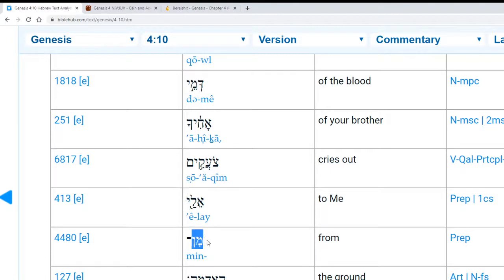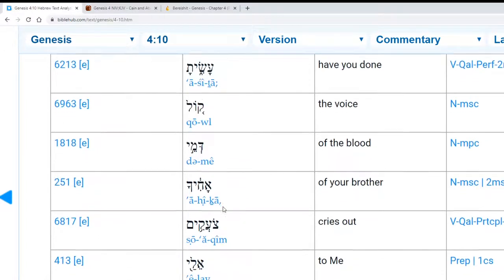Min ha'adama. Min is a more complete form of the preposition. Usually we use meh as a prefix, mehadama, but this is min from hadama. The hey is the article, adama, clay. We've spoken before, and it makes sense that dame ha'adama, because adama is related to the word blood.